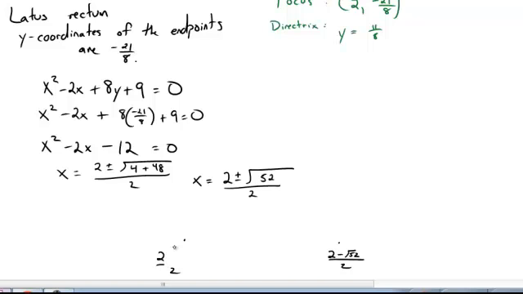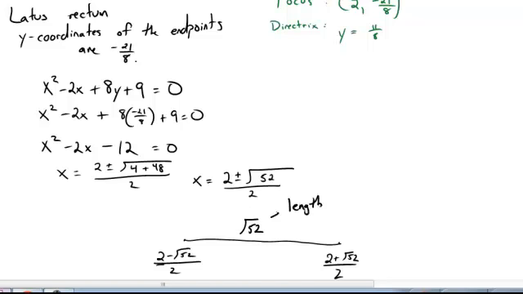Those, of course, would be in the other direction, like so. And if I want to know the length, I'm just interested in the differences between them. So I'll subtract, and I should get root 52. Essentially, it looks like it's going to be just root 52. Right? That the length is going to be the square root of 52.